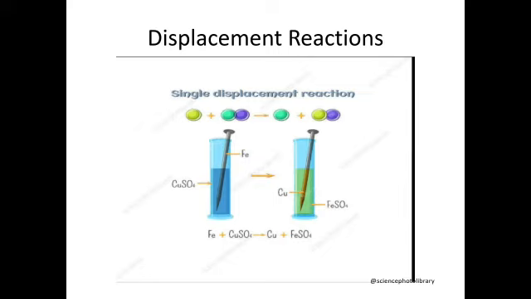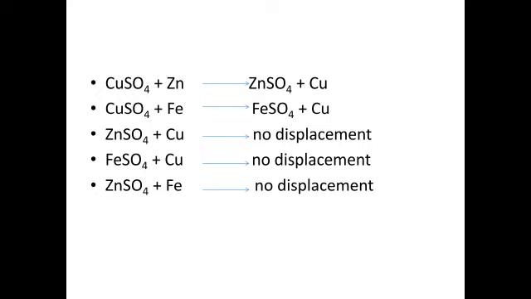So we are moving on to some examples of displacement reactions. You might have seen that in your textbooks under activity 4.8. You can see five beakers labeled A, B, C, D and E. The first beaker is filled with copper sulfate solution.